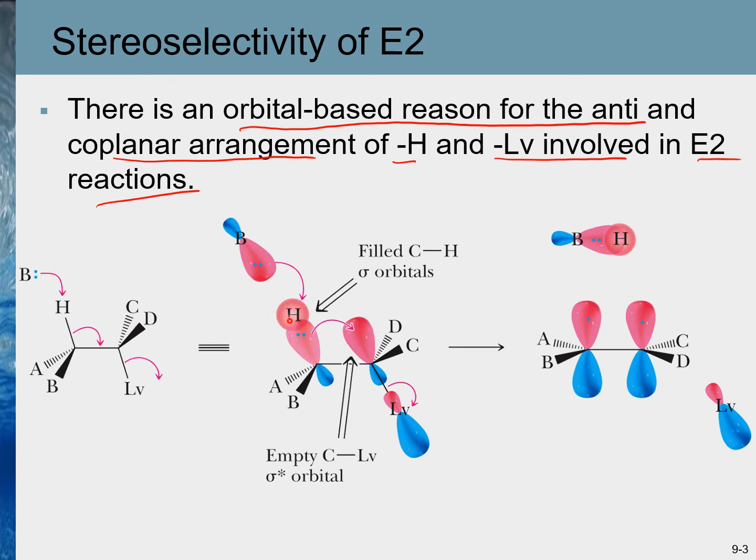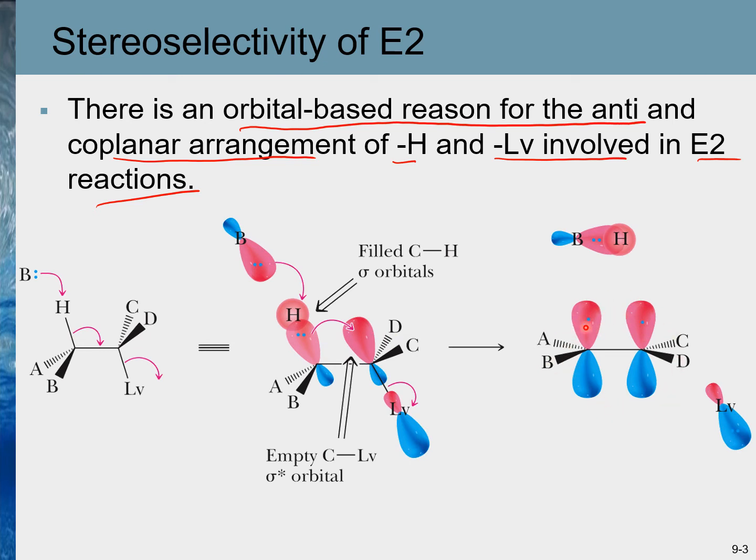after the removal of the proton, it results in the alignment of two p orbitals, and this alignment can only take place if the hydrogen and the leaving group are at anti position and they are in coplanar orientation.